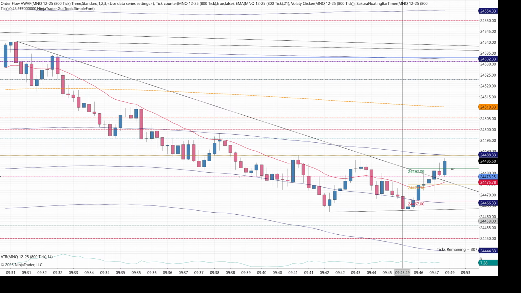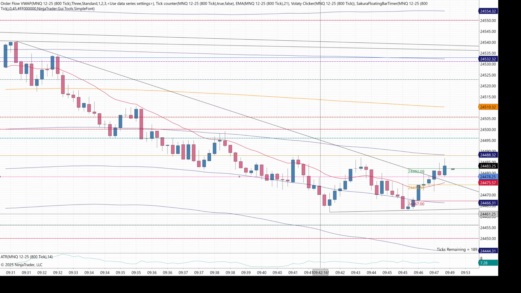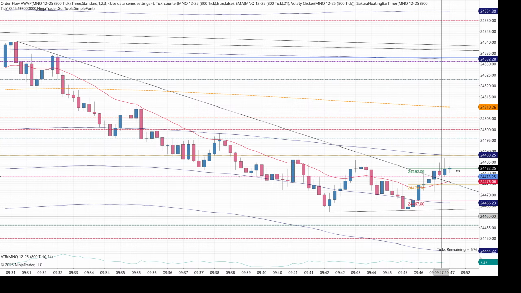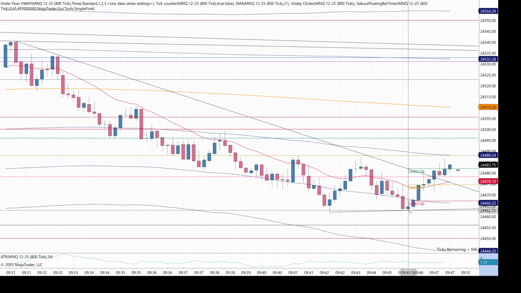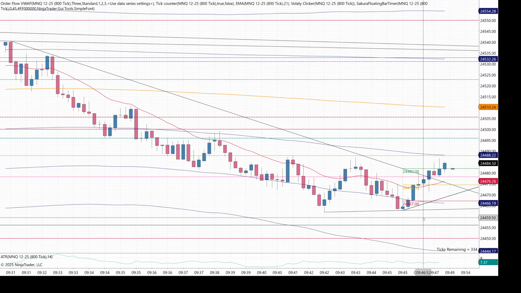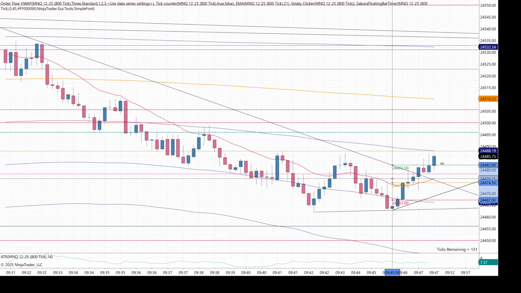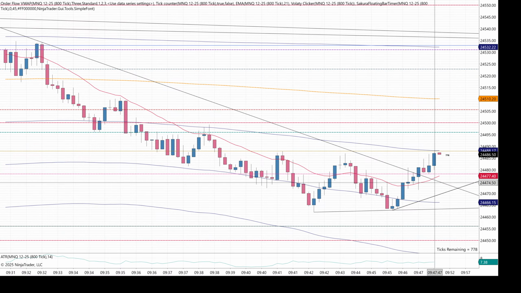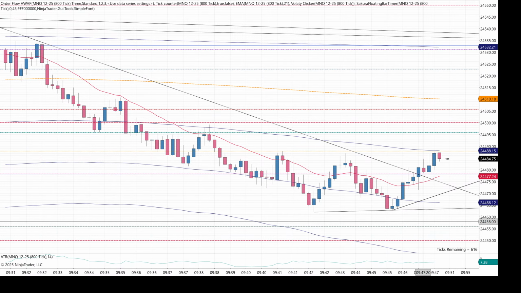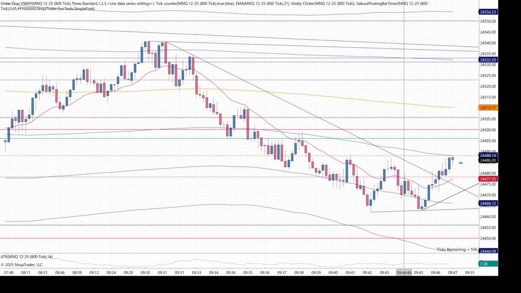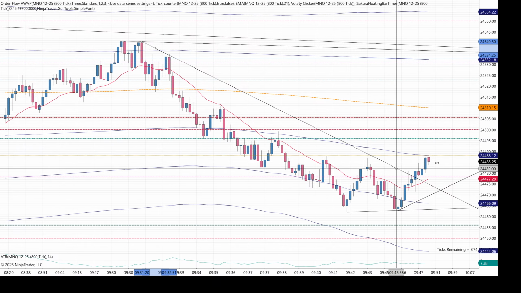Our runner is right here. Go ahead and delete that. We finally broke this downward trend line here, so we can delete this one as well.